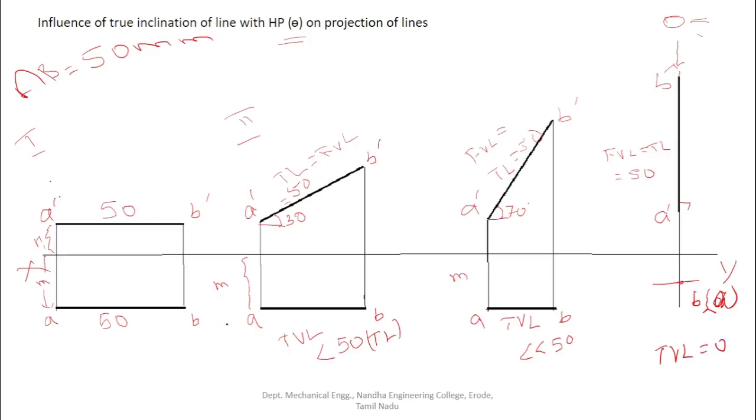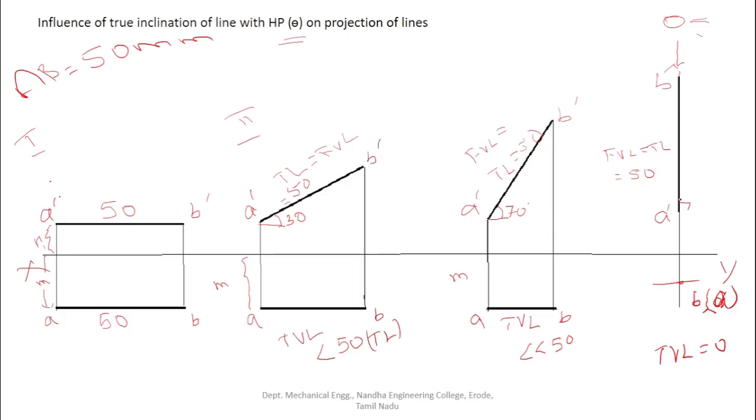So from here what we concluded is, when the line is parallel to the HP, the top view length is equal to true length. When the inclination of the line increases, the top view length decreases. When the line is making 30 degree to the HP, we are getting the reduced length in the top view. If we increase the inclination with the HP more, then a much more reduced top view is obtained.